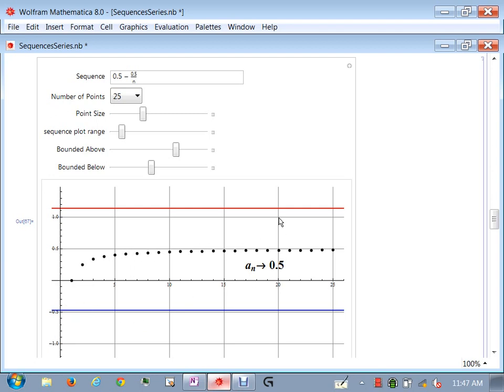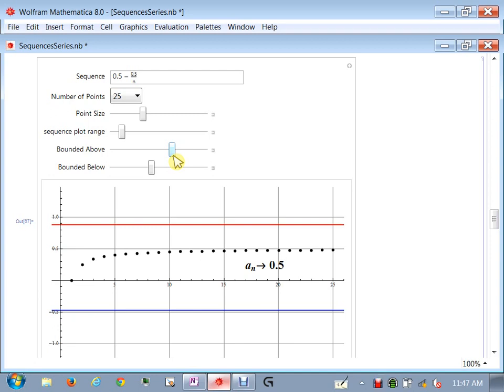Is it bounded above? Yes. Is there a number that it never gets past? Any of these, right? One would be an upper bound. 2 would be an upper bound. As long as there's some number it never gets past, it's bounded above. We're not trying to figure out what the least upper bound would be. That's something you do later. But at least here we can say it never gets past a certain value, 1.